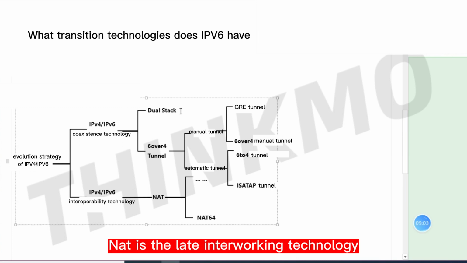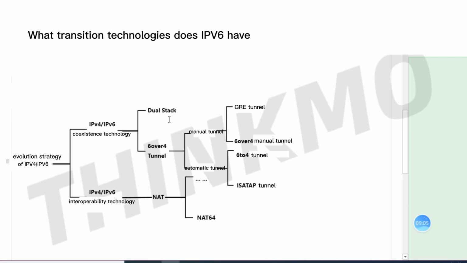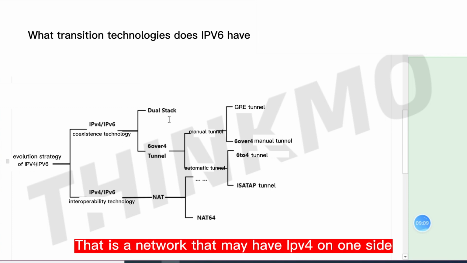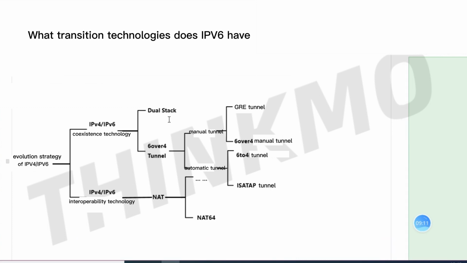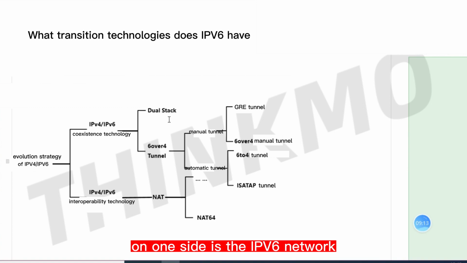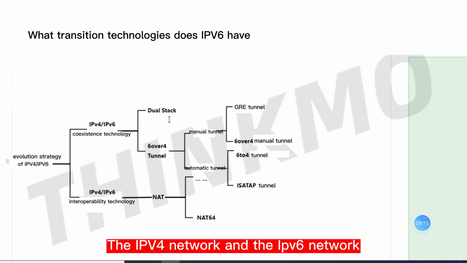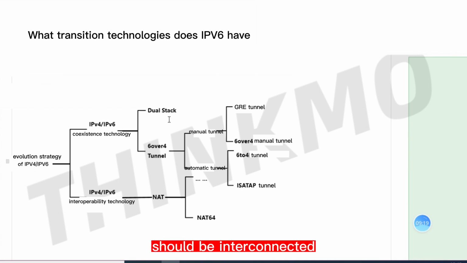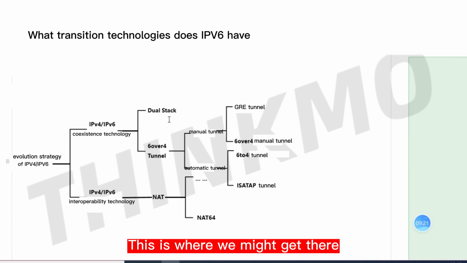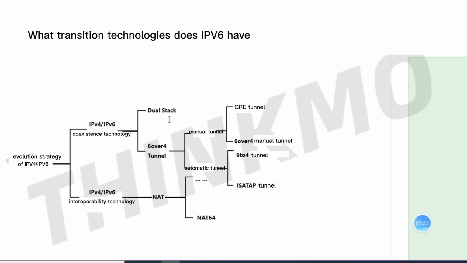NAT is the later interworking technology, like NAT64. That is, a network that may have IPv4 on one side and an IPv6 network on the other side. The IPv4 network and the IPv6 network should be interconnected. This is where we can use NAT translation.